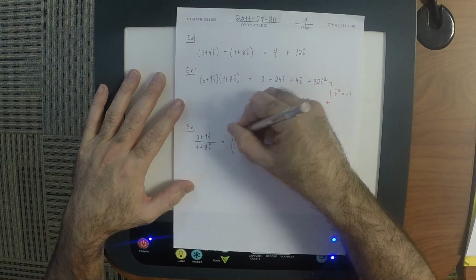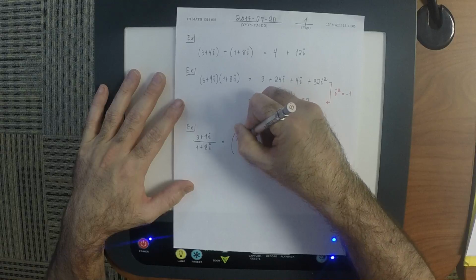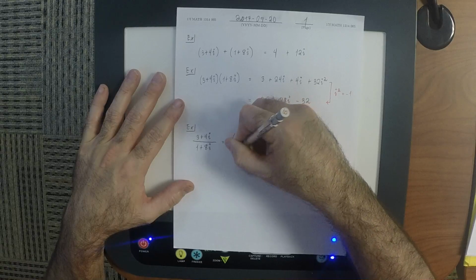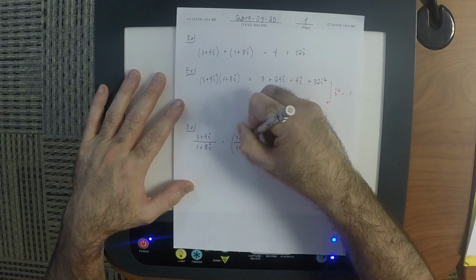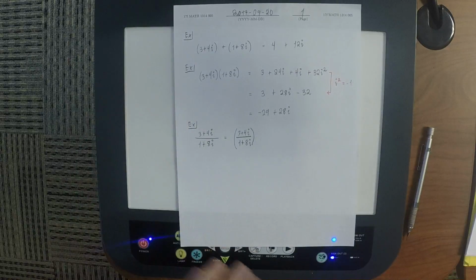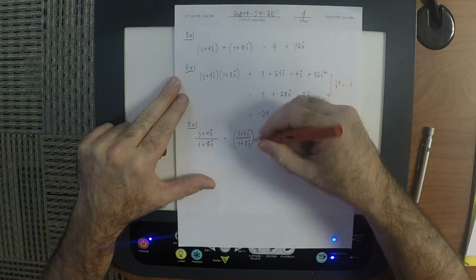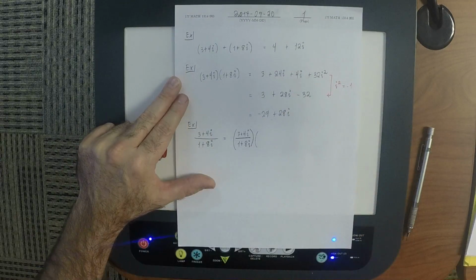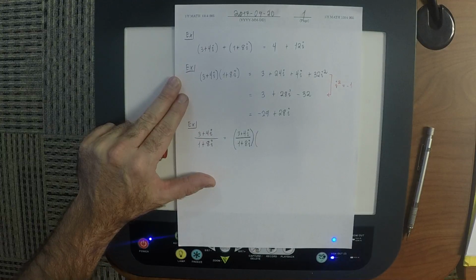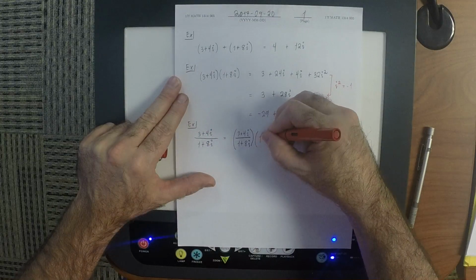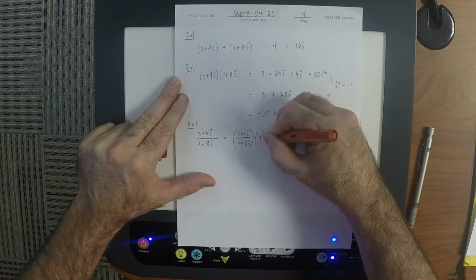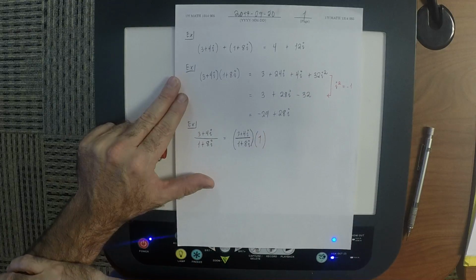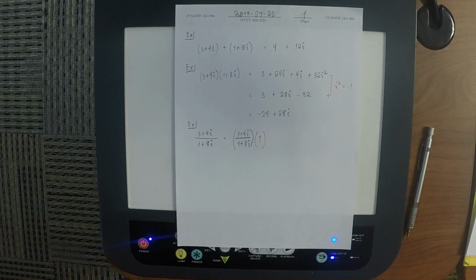So the trick is we're going to take this expression and multiply by, what's the only thing that we can multiply by and not change the answer? 1. So we're going to multiply by 1. But the real trick is going to be selecting a clever representation of 1.